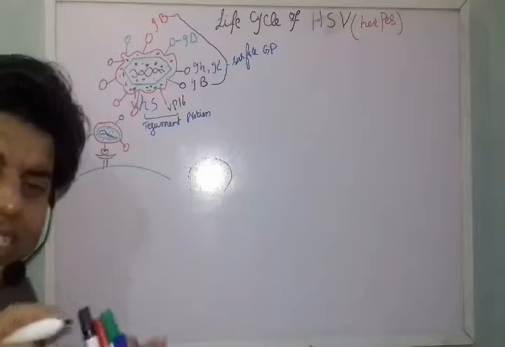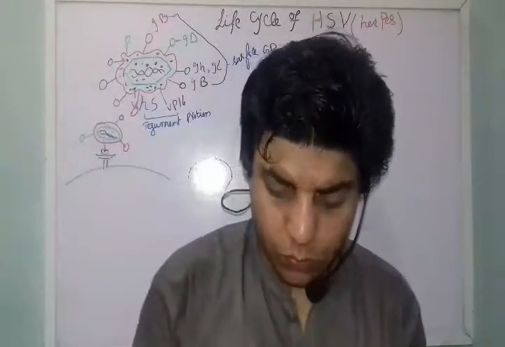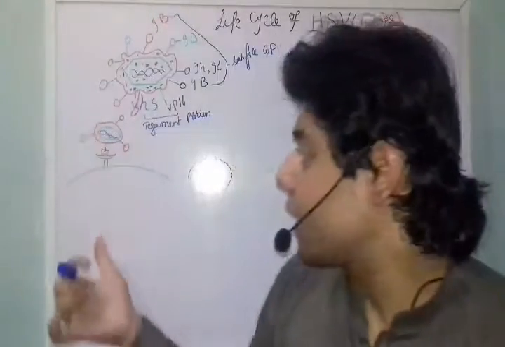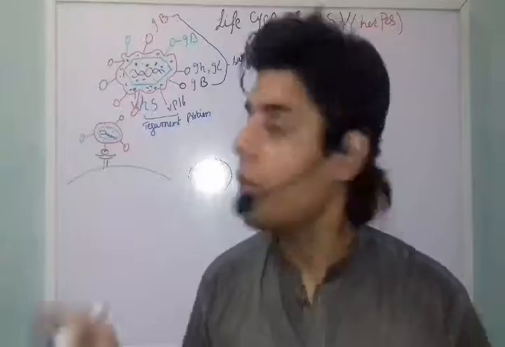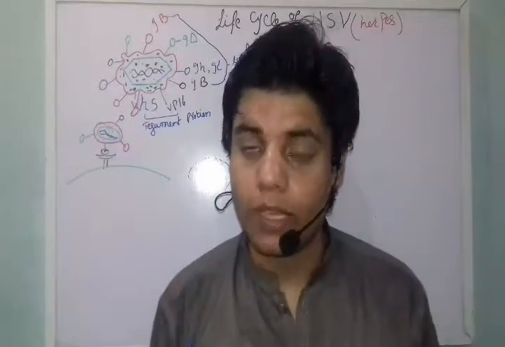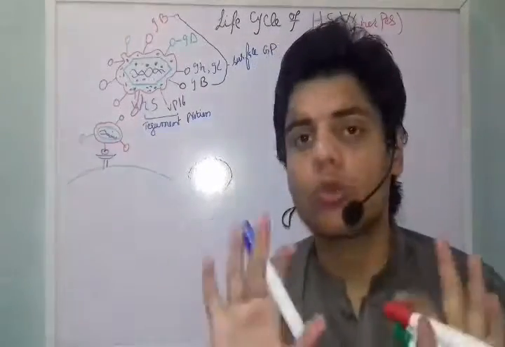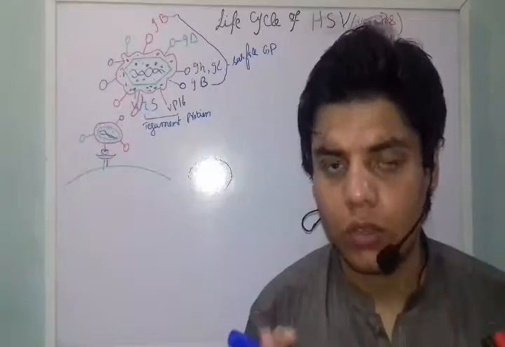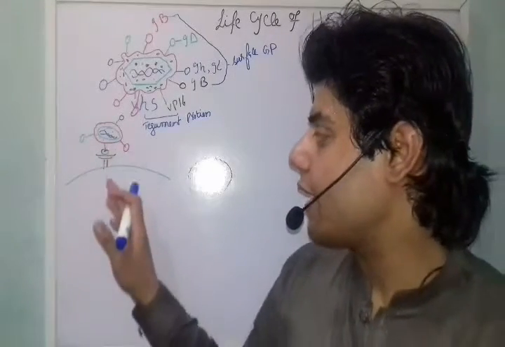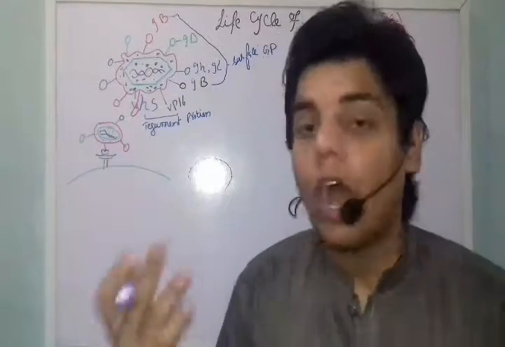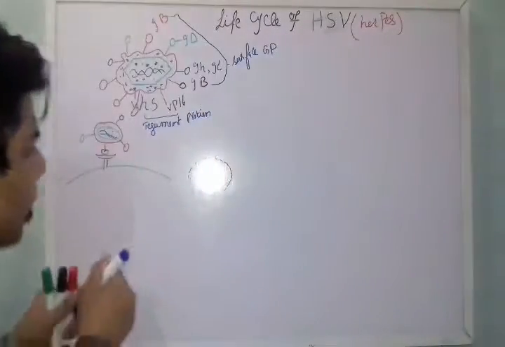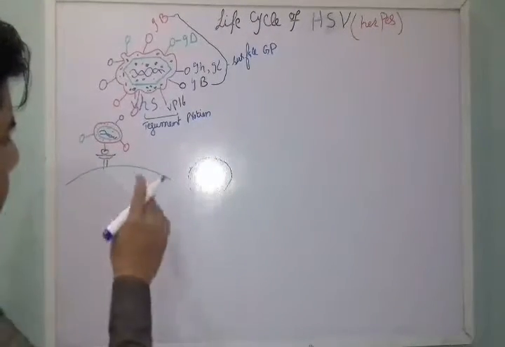So once they are attached, they will be internalized through membrane fusion. Why? Because this virus is an enveloped virus. So how will it look when internalized through membrane fusion? It will look just like this form.